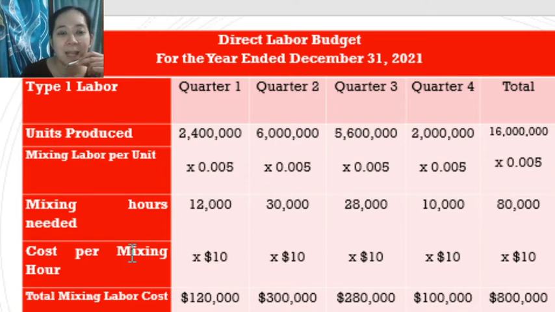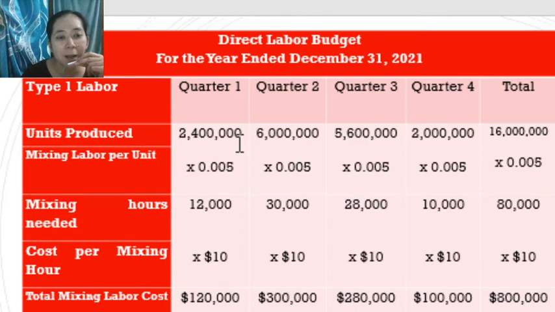So we need to create or prepare the direct labor budget for each type of labor. This one is for the mixers type 1 labor. Here it is the same format as that of requirement number 1. However, in this case, we will consider the requirement for each labor.